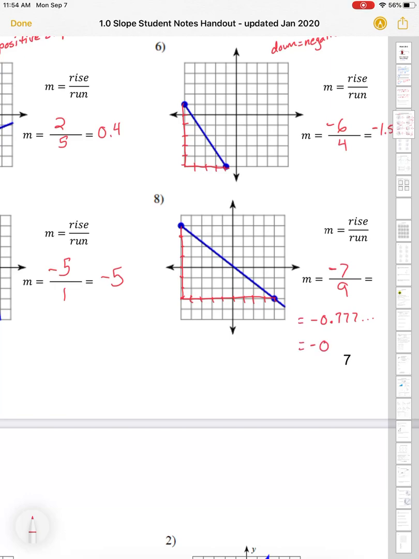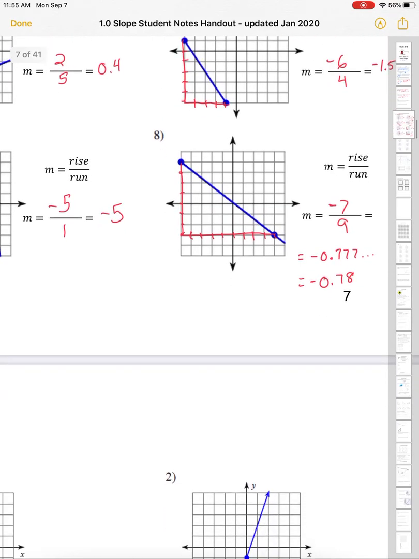It wants me to round to 2 decimal places, so that'll be negative 0.78. Remember, you round up that last decimal because the 7 is greater than 5. Hopefully we got that one as well.